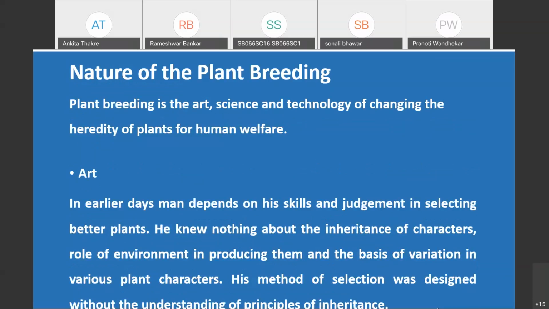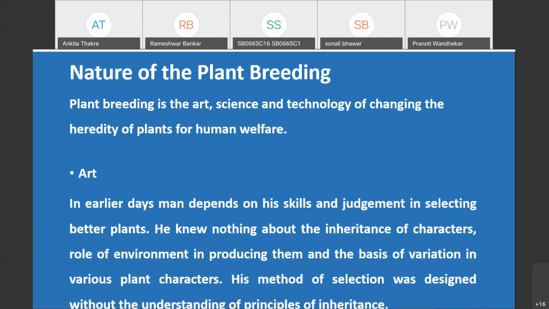Then another important thing is the nature of plant breeding. Plant breeding is the art, science, and technology of changing the heredity of plants for human welfare.